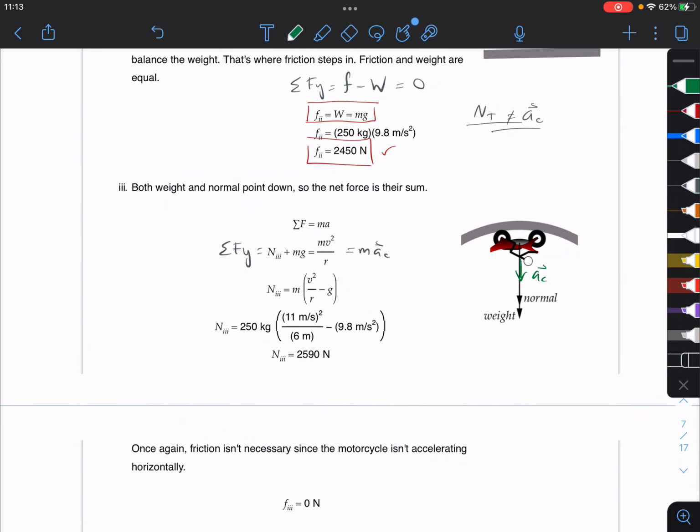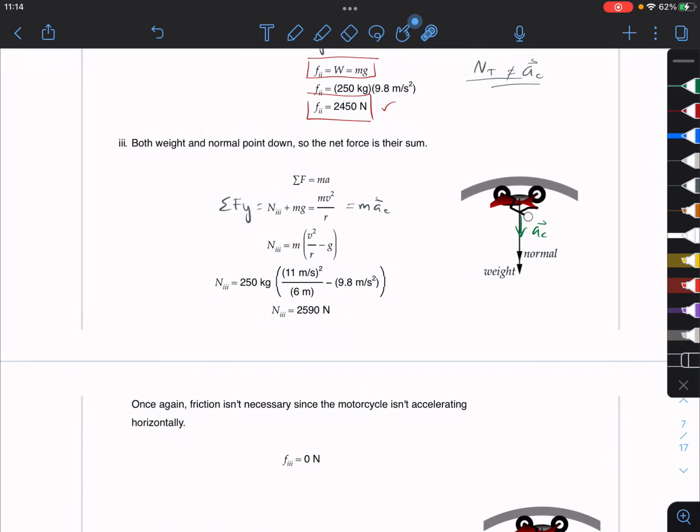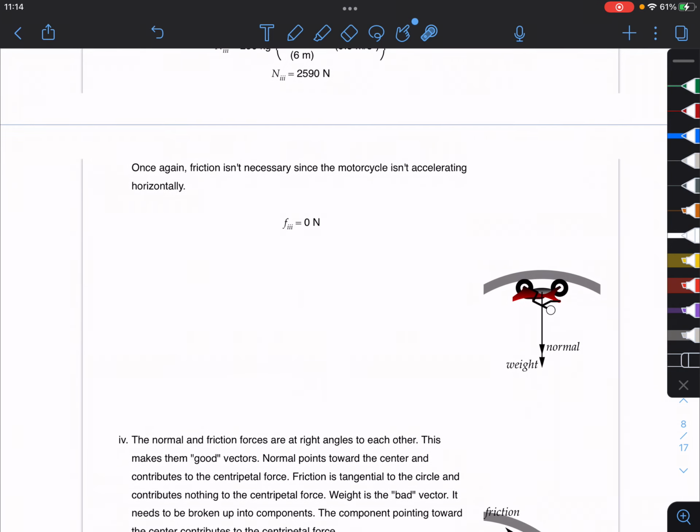No exception here. They just rearranged this equation to solve for the normal force as the problem asked. And once again, friction isn't necessary since the motorcycle isn't accelerating horizontally. So there's no frictional force required to balance a horizontal force. So it's not required to pull off this stunt.